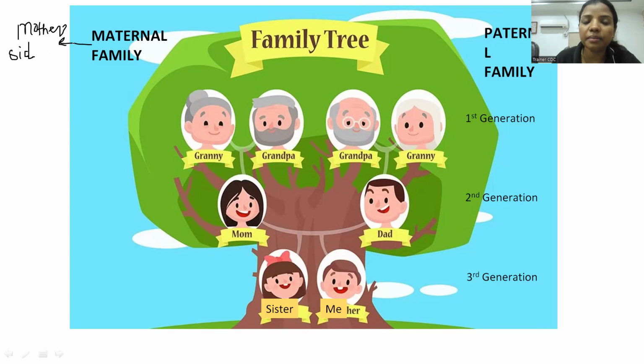For example, take my grandmother. A grandmother can be your mother's mother or your father's mother, right? If she is my father's mother, I call her the paternal grandmother. If she is your mother's mother, then I call her the maternal grandmother. So that is nothing but paternal and maternal.